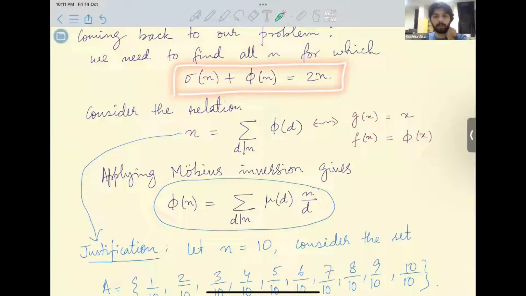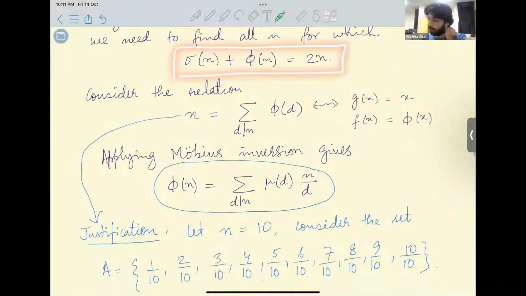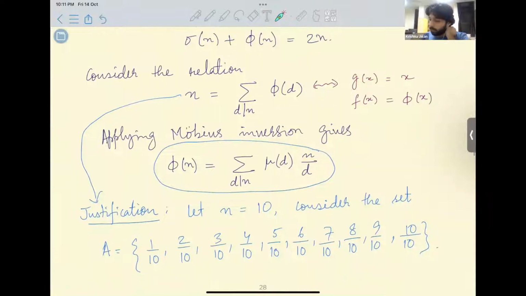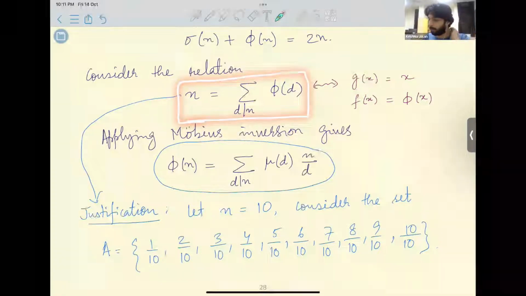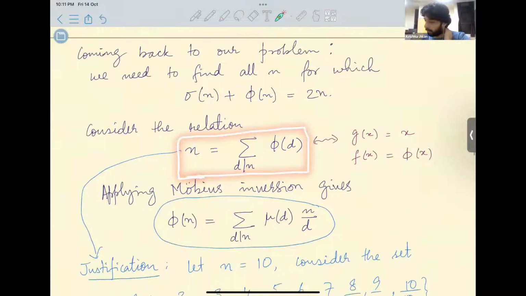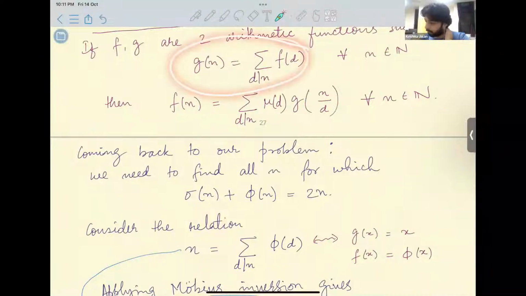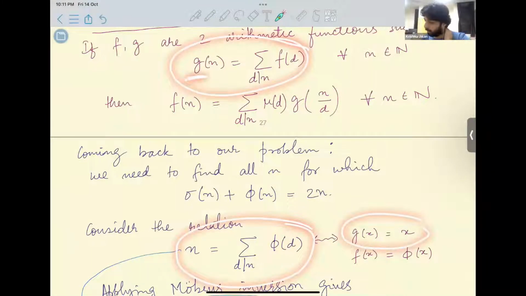Sigma of n plus phi of n is 2n. Now, this is a property of the Euler phi function, and I'll ask you to prove it in general, but I'll show you a simple example of why this should hold. If you compare this and this, g of x here is x, simply the identity function, and f for me is the Euler function.